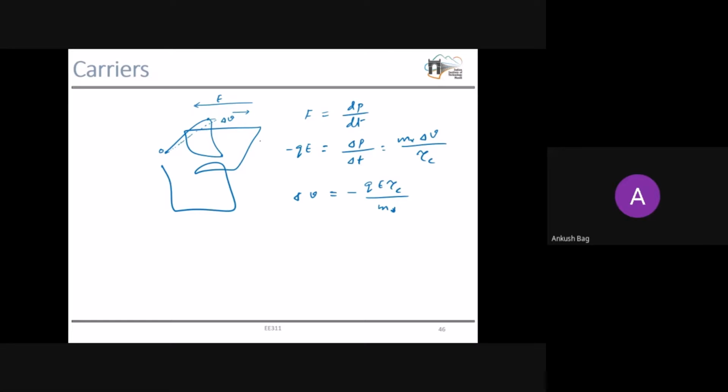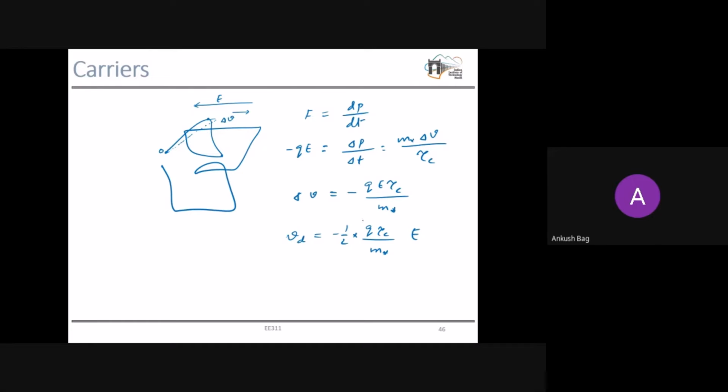So the average velocity, let's say, is called drift velocity. Vd we can write as half of del v, so Vd equals half q tau c divided by m star times the electric field.